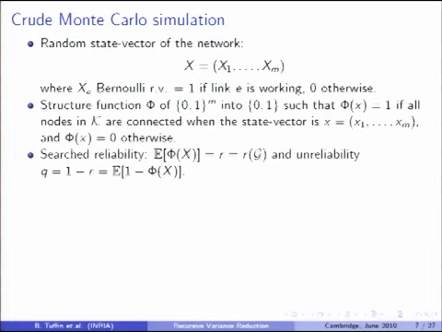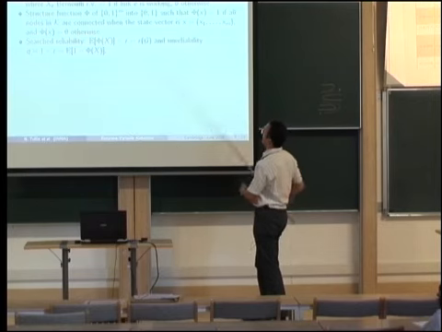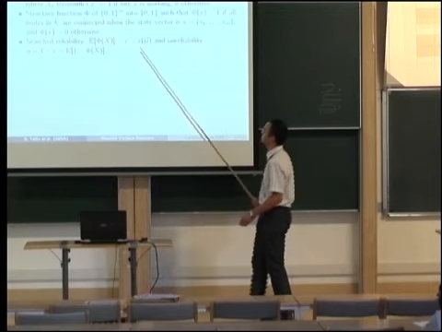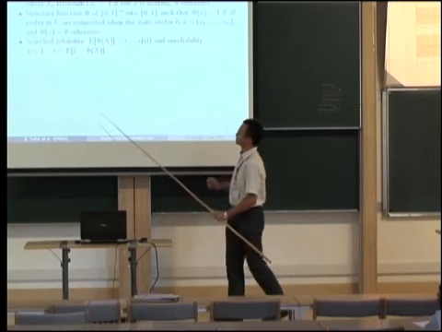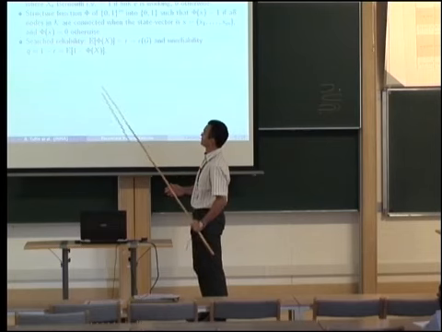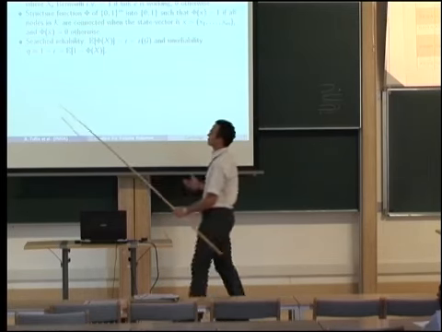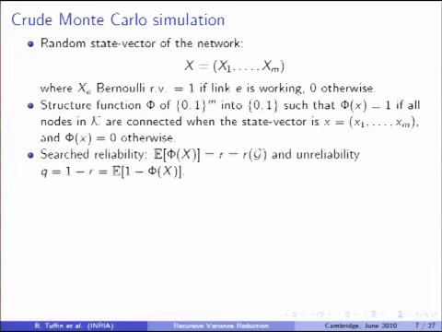From this random state vector, we can also use the structure function phi, which associates to a state vector a value in {0,1}, such that phi of x is 1 if all the nodes in the subset K are connected when the state vector is x, and 0 otherwise. So the reliability of the network is the expectation of phi of x, and the unreliability, which is 1 minus the reliability, is the expectation of 1 minus phi of x.